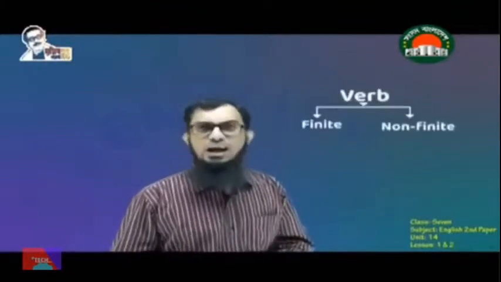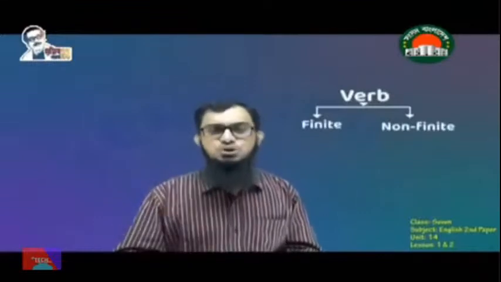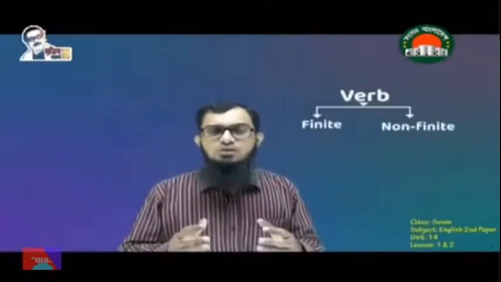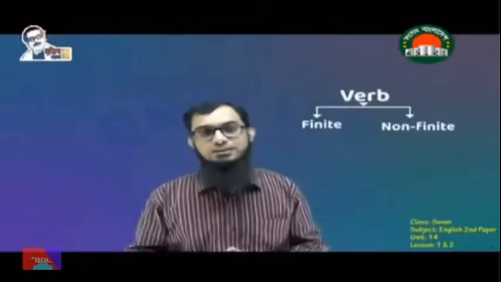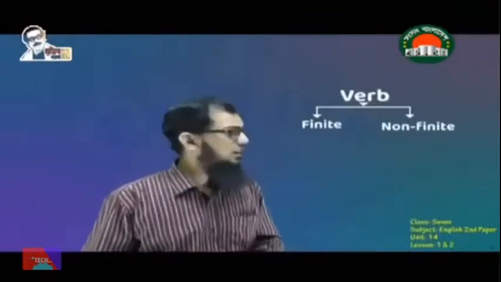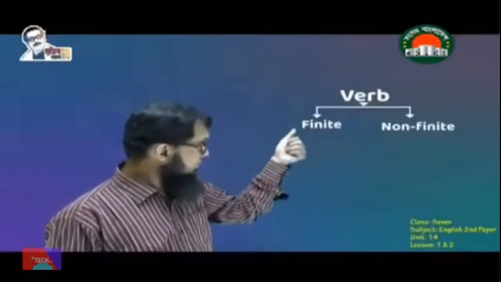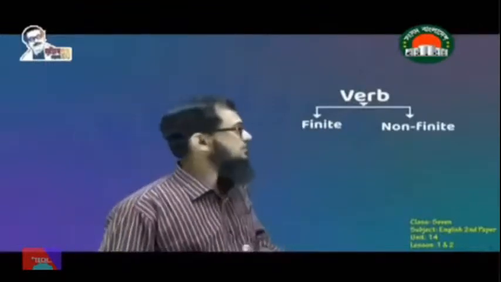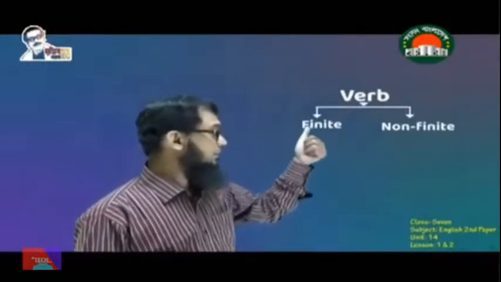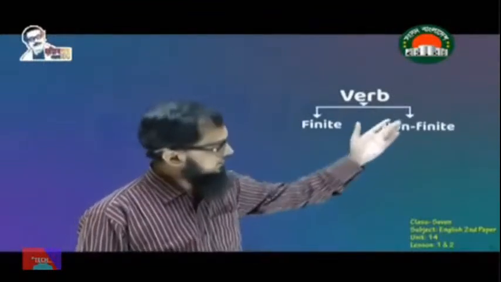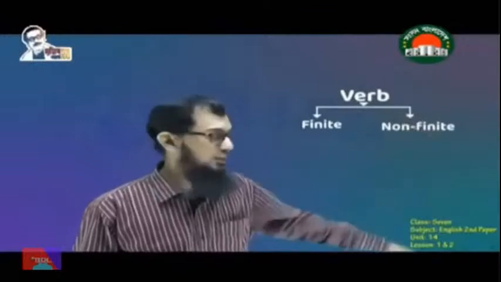We have learned about the classification of verb since childhood, right? In this session, today I'm going to give you a very short recap of how our verb is classified. Look at the branch. As you can see, verb has two major branches. One we call finite, another is non-finite.